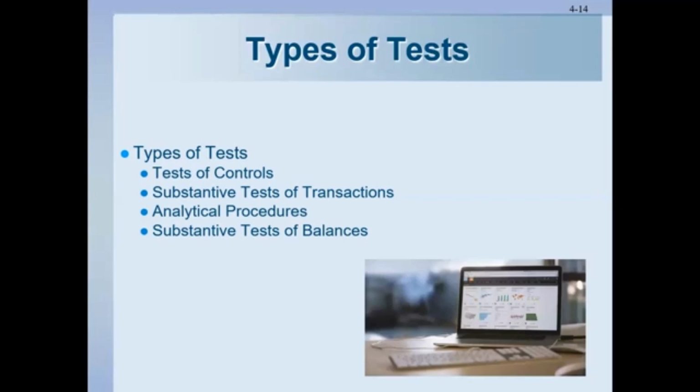Control tests determine whether a policy or a practice is well designed to prevent or detect significant financial statement misstatements. As part of their risk assessment exercise, the auditor is required to obtain an understanding of the entity and its environment, including testing of controls.